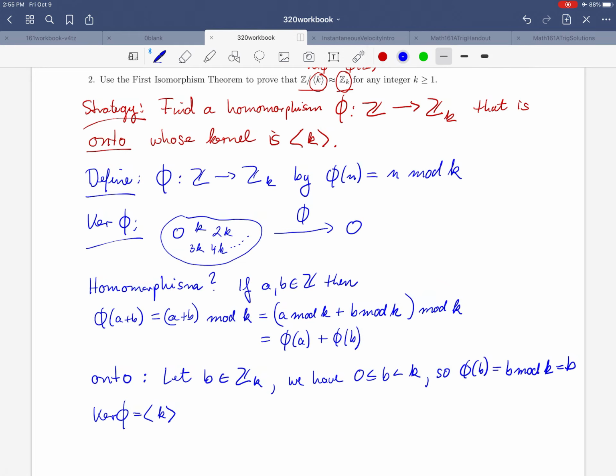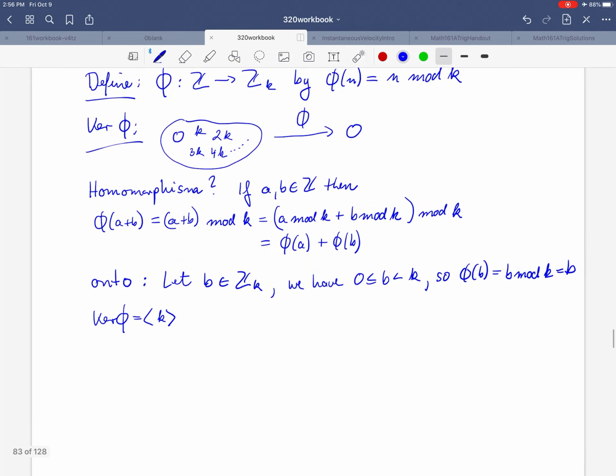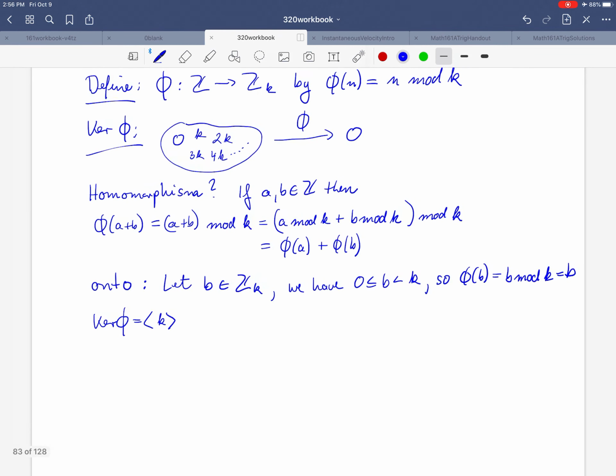Then the last thing is to show that the kernel is what we want it to be. Okay, so how do we do that? Let's take something on the left-hand side, show that it's in the right-hand side, and vice versa. And we're going to do that with a bunch of equivalent statements. So we'll start with an element in the kernel. When is something in the kernel?